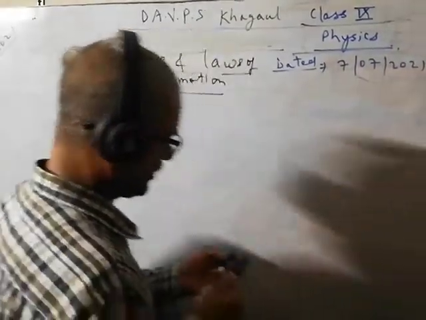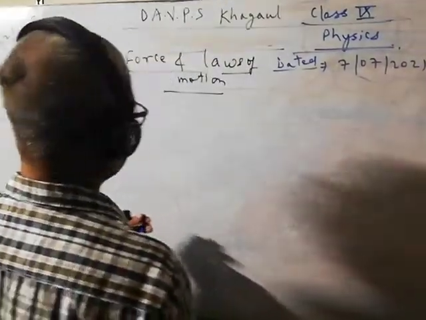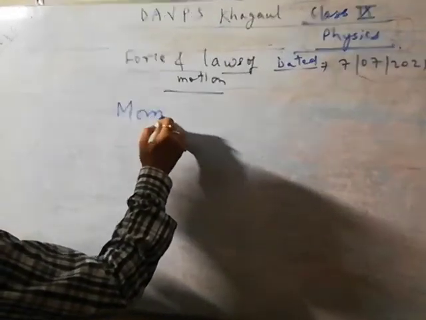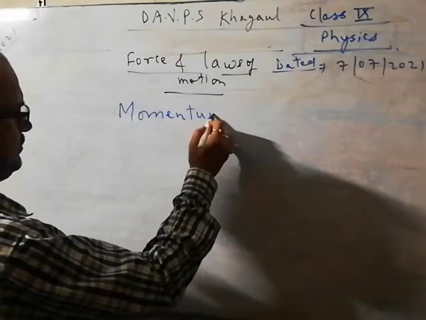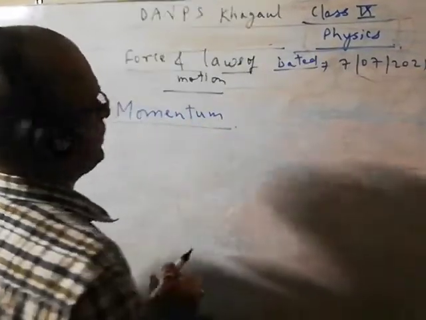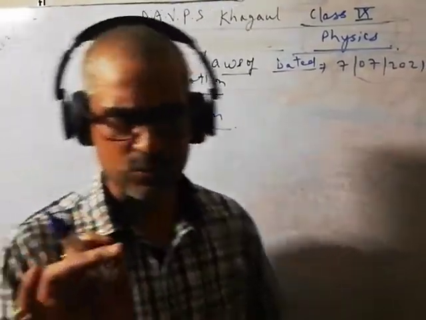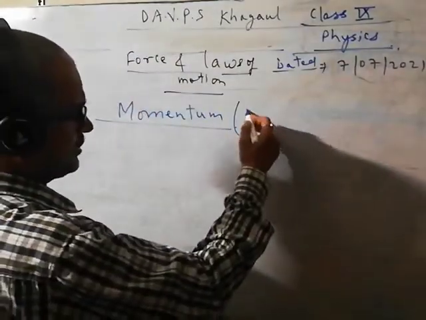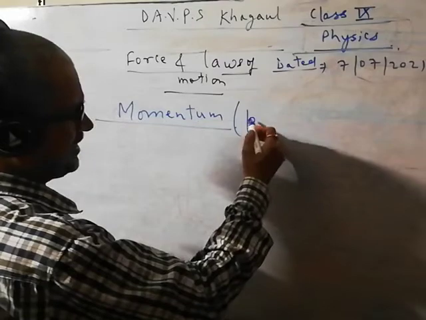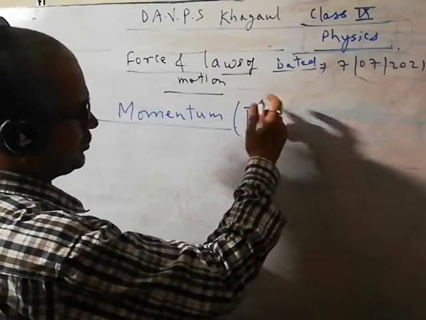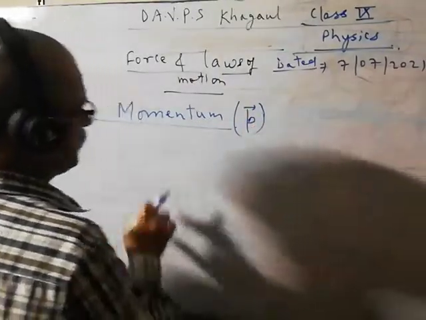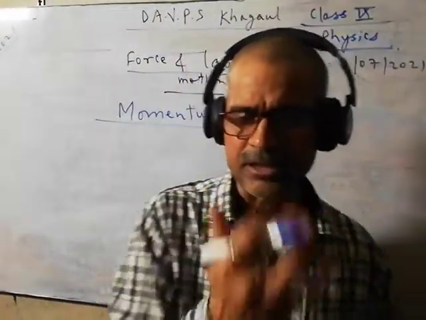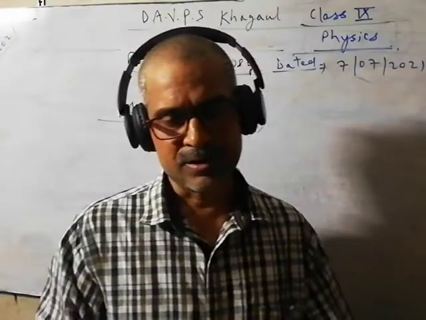Actually, to understand momentum, first we will go through the definition of momentum. Momentum is a physical quantity denoted by letter P. So what does momentum mean? What does this physical quantity momentum mean?